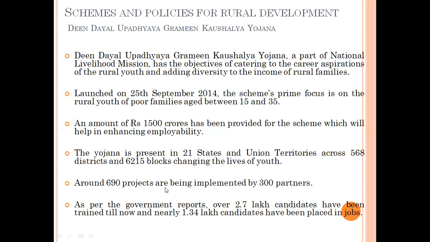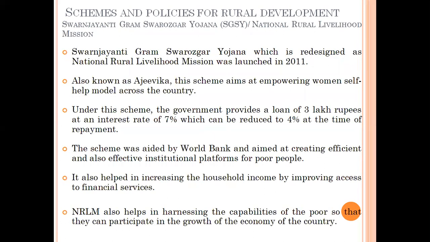And around 690 projects are being implemented by 300 partners. And as per the government reports, over 2.7 lakh candidates have been trained till now, and nearly 1.34 lakh candidates have been placed in jobs under this scheme. So this is, I will say, a wonderful scheme for training the rural youth and making them able to start their own business.